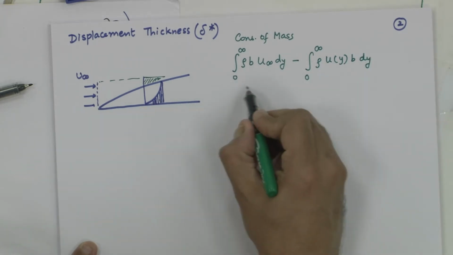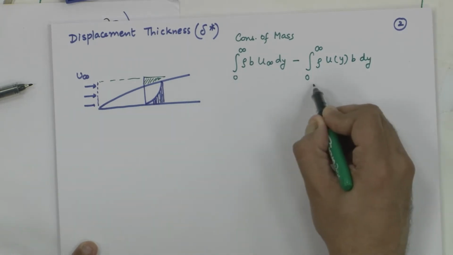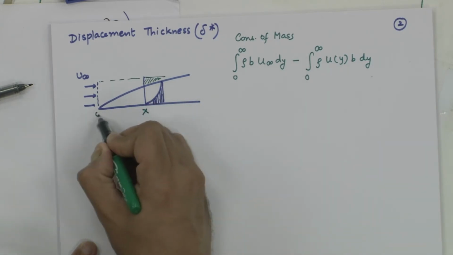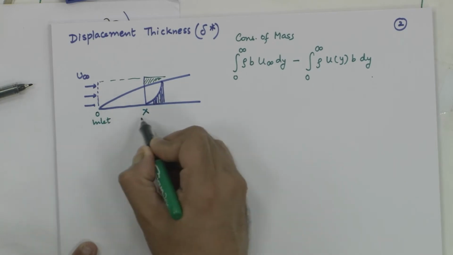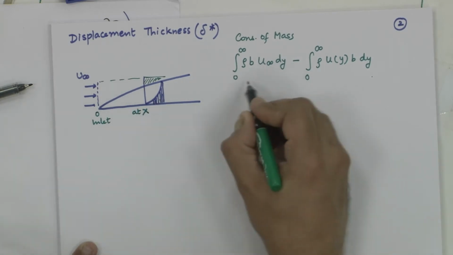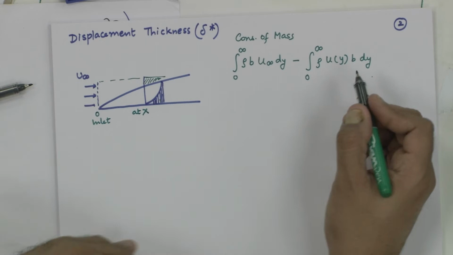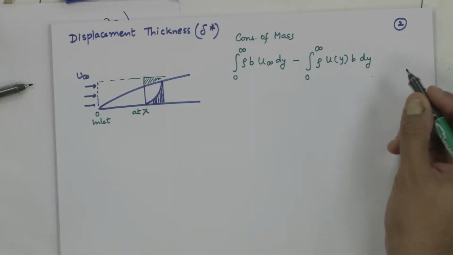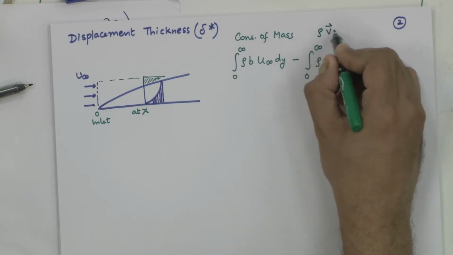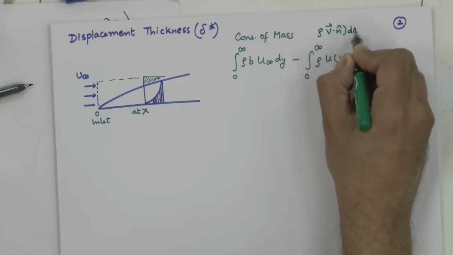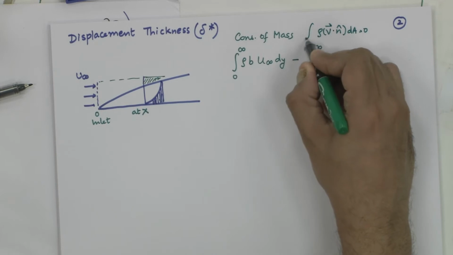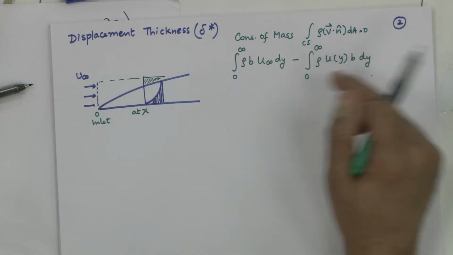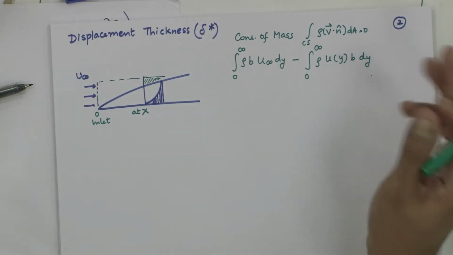This is the incoming mass, this is what is going out at a location x. So, this is the incoming mass, outgoing mass, that is equal to 0, mass has to be conserved. We are just using integral of rho v dot n cap dA equal to 0 over the control surface, same thing only. We are now writing it as mass in negative, mass out positive, right hand side is 0.